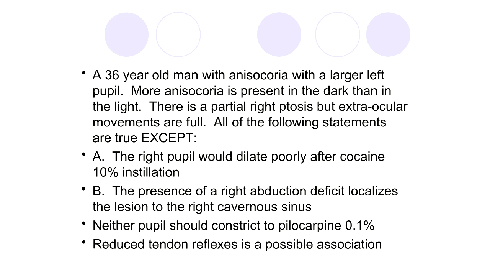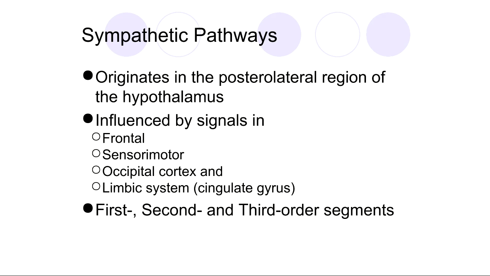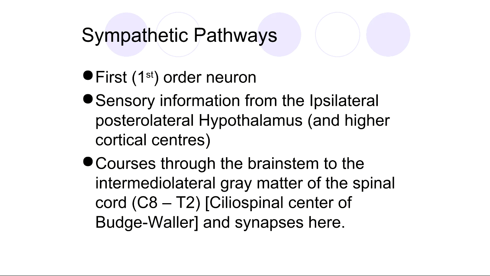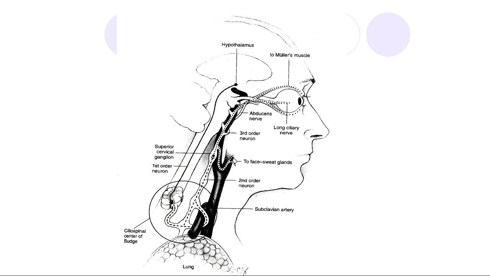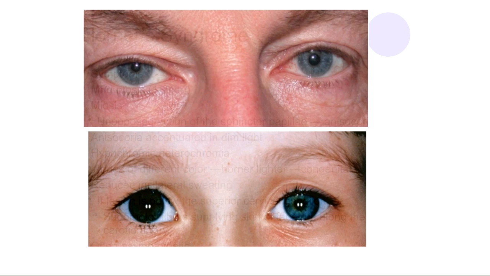Some of the things that I stressed last week, we did third nerve palsy. And I remember showing you someone with profound ptosis. And this week I'm saying you have a mild ptosis here.